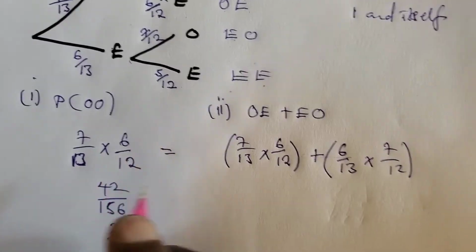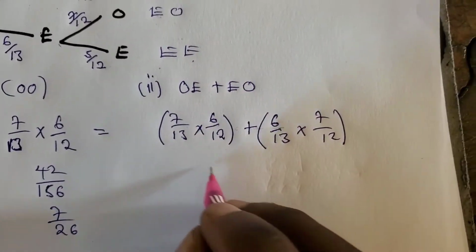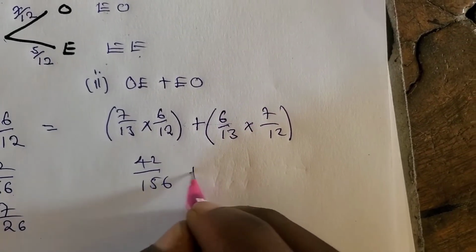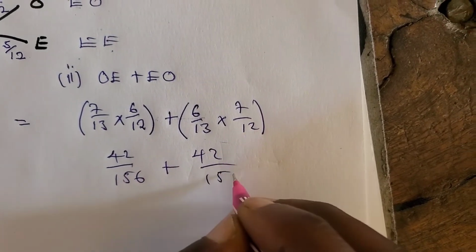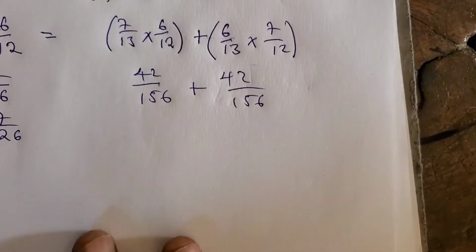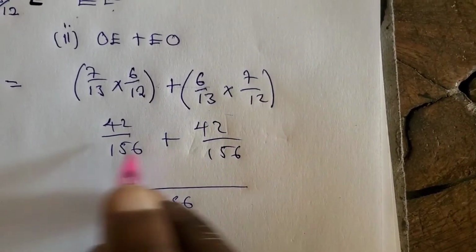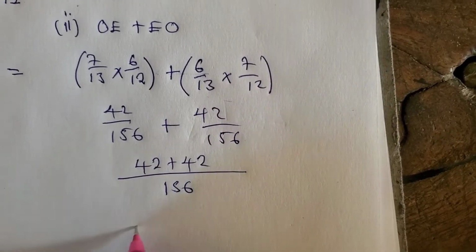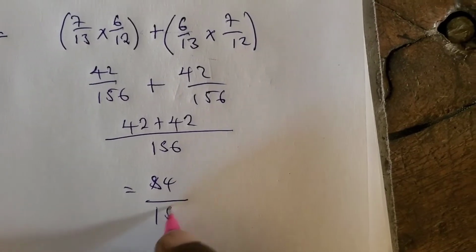So you can just go direct that this one is 42 over 156, plus, this side, 42 over 156. Since we have the same denominator, you can just write 156, then add 42 plus 42, which gives us 84 over 156.